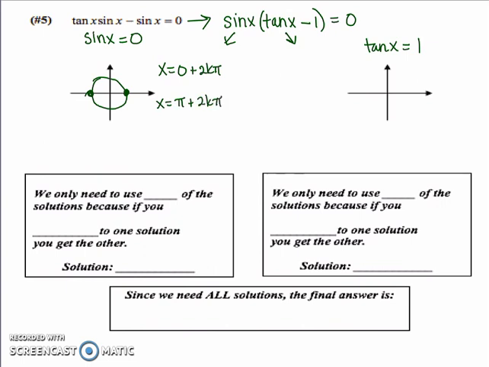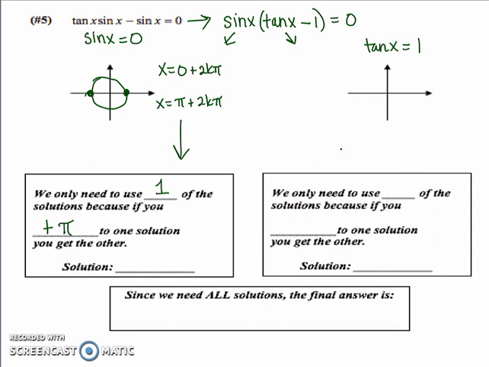Okay, but notice that these are only pi apart, right? 0 and pi. So we only need to use one of these solutions, because if you add pi to one of the solutions, you're going to get the other solution. Okay, so really we would call this condensing the solution.